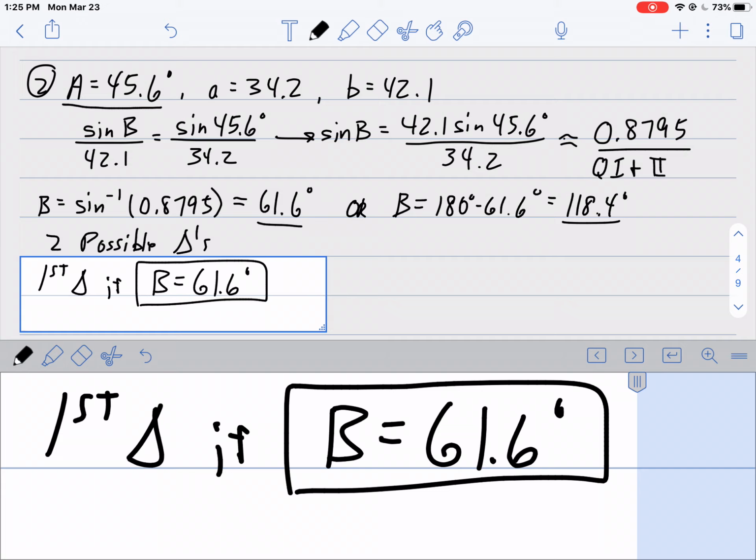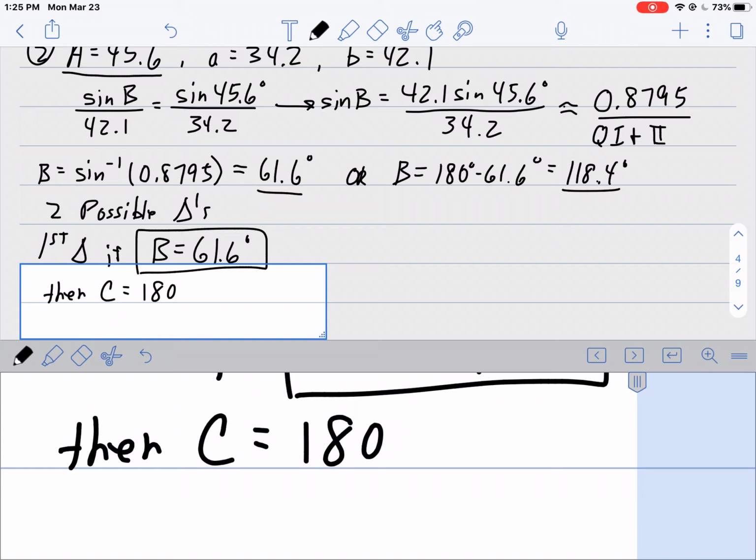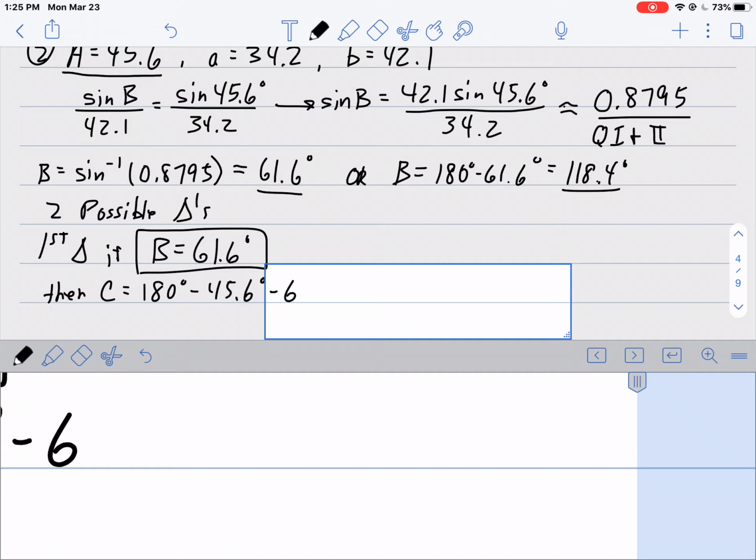Now with that second angle B, we can find angle C. So I could tell you that angle C would be 180 minus the 45.6, which was angle A that we were given in the problem, minus the 61.6 for angle B that we found.